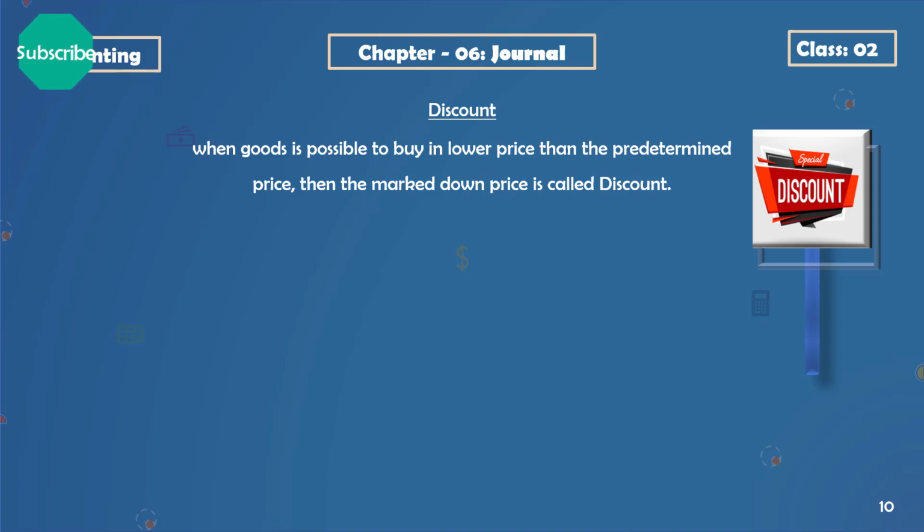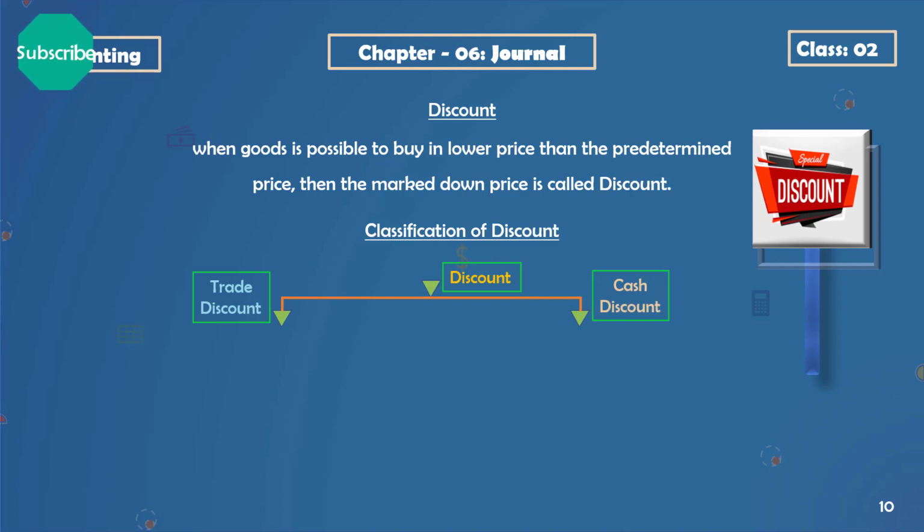Okay, so the classification of discount. I think you understood the definition of discount. So let's know the classification of discount. There are two major types of discount in business, and they are trade discount and cash discount.